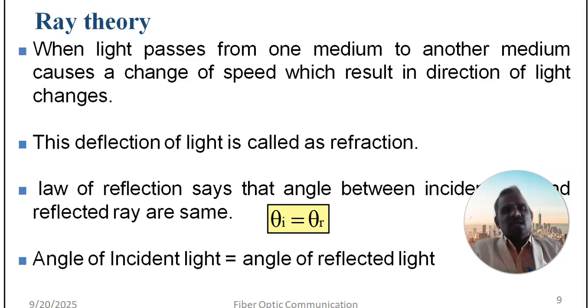That is called deflection of light, which is called refraction. The law of reflection says that the angle between the incident ray and the reflected ray are the same, that is, theta I is equal to theta R. In other words, the angle of incidence is equal to the angle of the reflected ray.